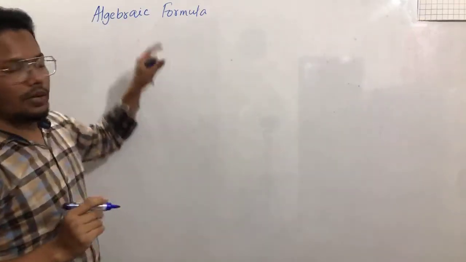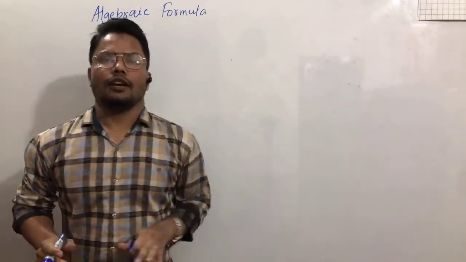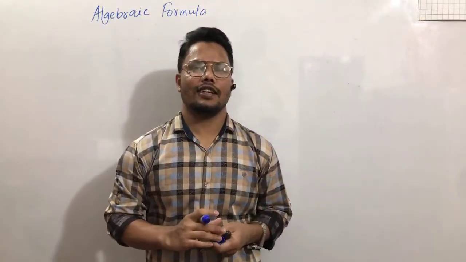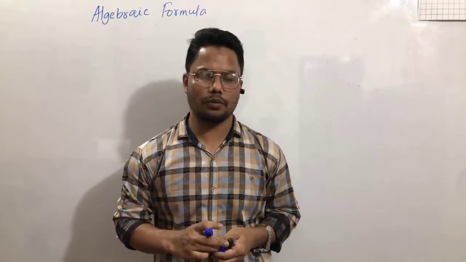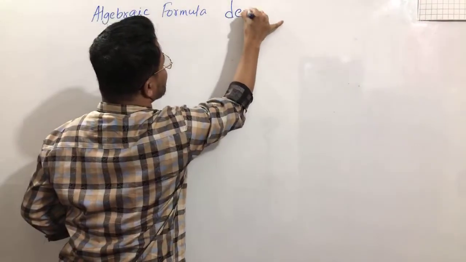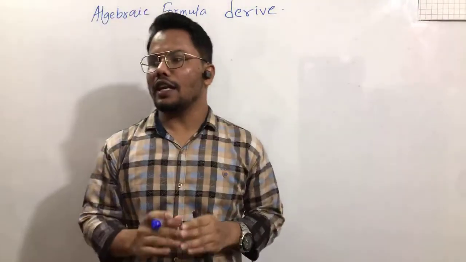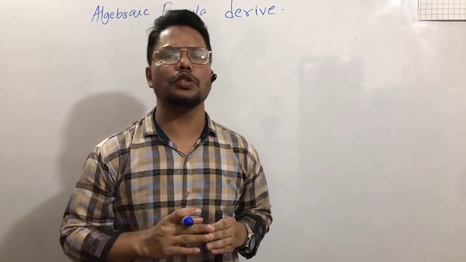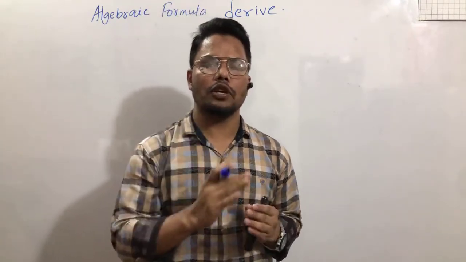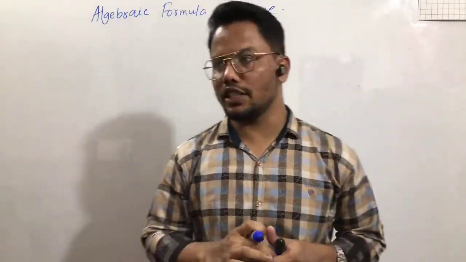Basically, my dear students, please let me know if everything is okay or not. Today we will discuss how algebraic formulas come from, how the algebraic formulas are derived, how we can make relations between two formulas, and how the square formula is gradually converted into the cubic formula. Today we will discuss these topics.